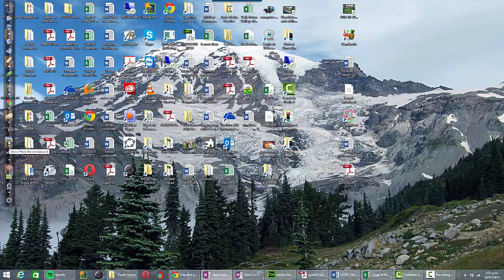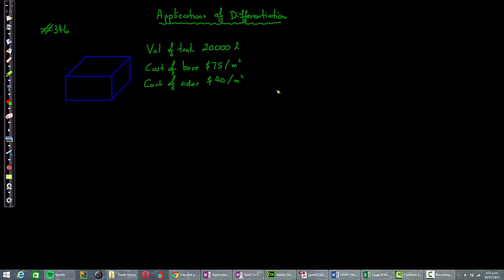In this problem, where we're looking at application of differentiation, usually what we're asked to do is, from the description, find out something about either maximizing or minimizing. Some examples of maximizing could be something as simple as, what's the maximum profit in a given situation?